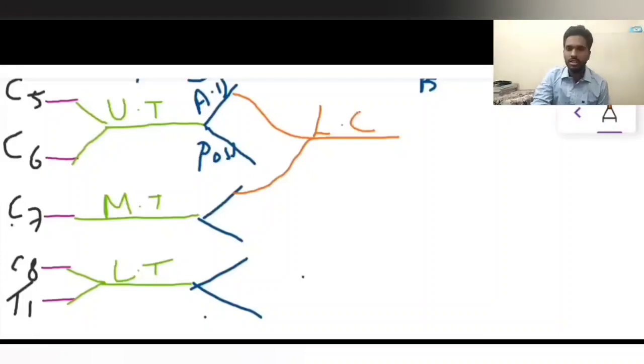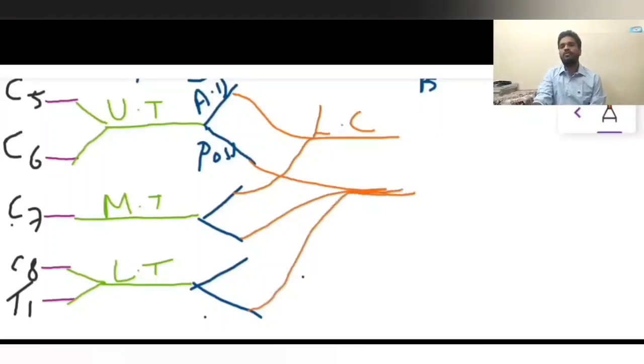This cord is the lateral cord. Then the posterior divisions of all these trunks, that is upper trunk, middle trunk, and lower trunk, all combine and form a cord, the posterior cord.